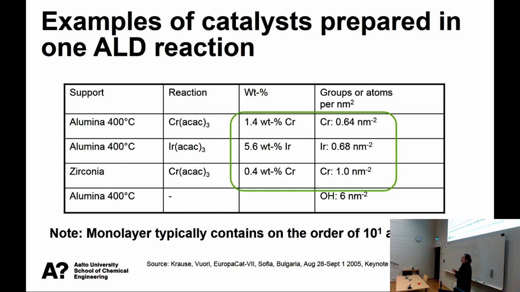So then suddenly, if you have the alumina support and these two different molecules, you get 0.6, 0.7 atoms per square nanometer. Actually, you have the same amount. And if you then change the support, so chromium on zirconia, well, it's still not very different, 1 per square nanometer or 0.6 per square nanometer.